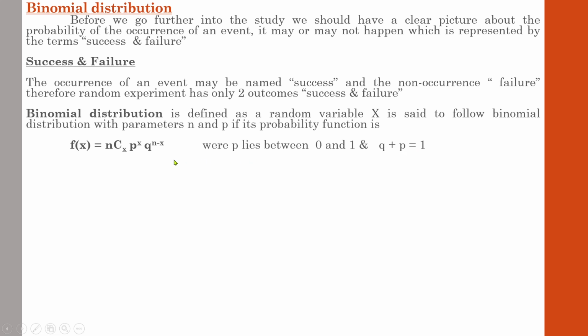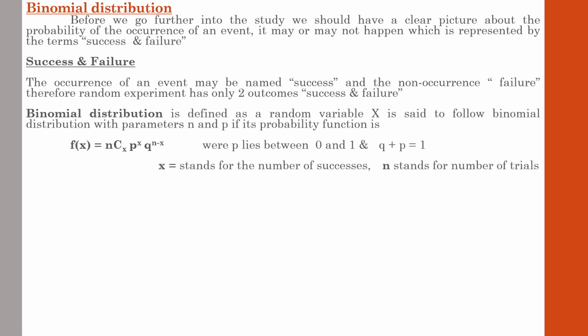We have learned one of the properties of probability: if you add the probabilities of all the events, you will get 1. Here p and q are the probabilities of an event. p represents success and q represents failure. So if you add p and q, you will get 1. That is a property, so we need not worry about that.